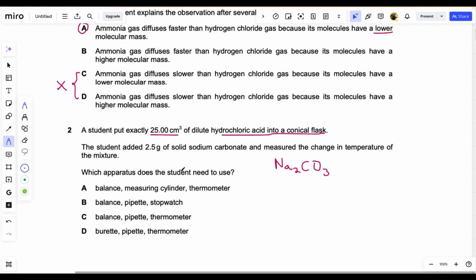Now, which apparatus does the student need to use to measure all of this?